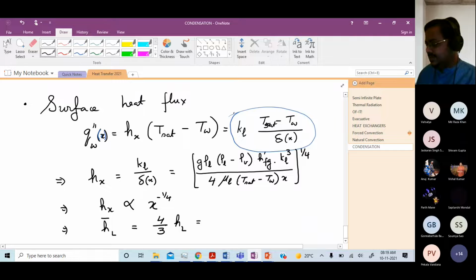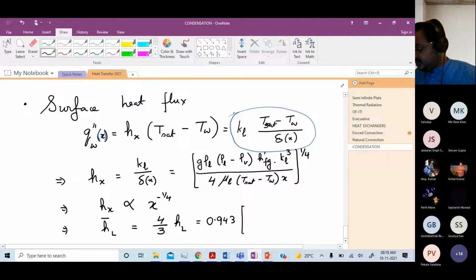And then you take this 4 out, you get an expression like this, 0.943, and then you have g times (rho L minus rho V) h prime fg k L cubed.